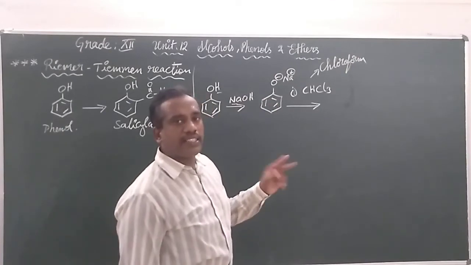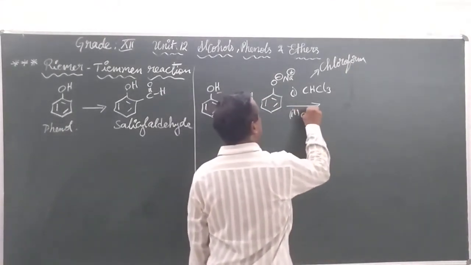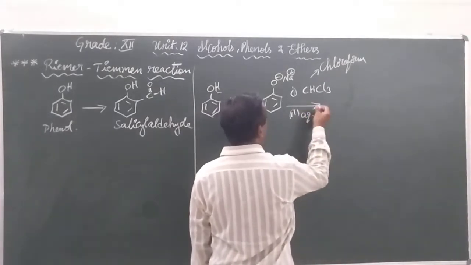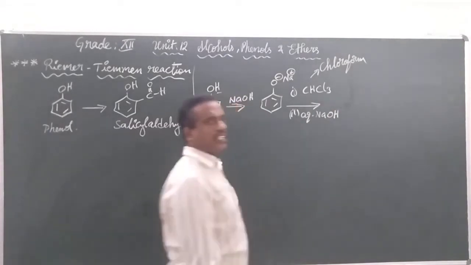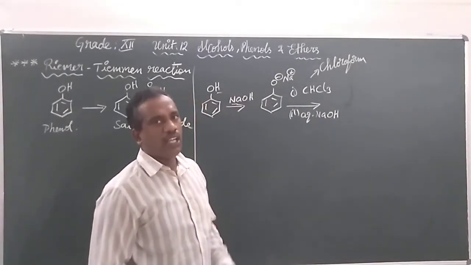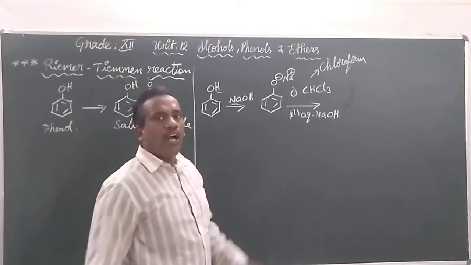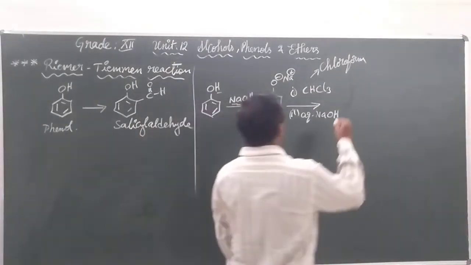After adding the CHCl3, we will be adding the aqueous or diluted sodium hydroxide. Once we add them, we are getting an intermediate.